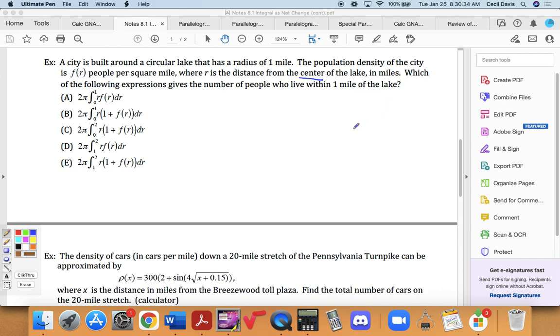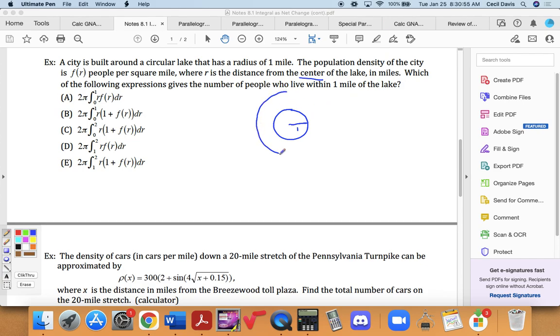Which of the following expressions gives the number of people who live within 1 mile of the lake? All right, so we've got a lake. You live within 1 mile of the edge of the lake. Okay.